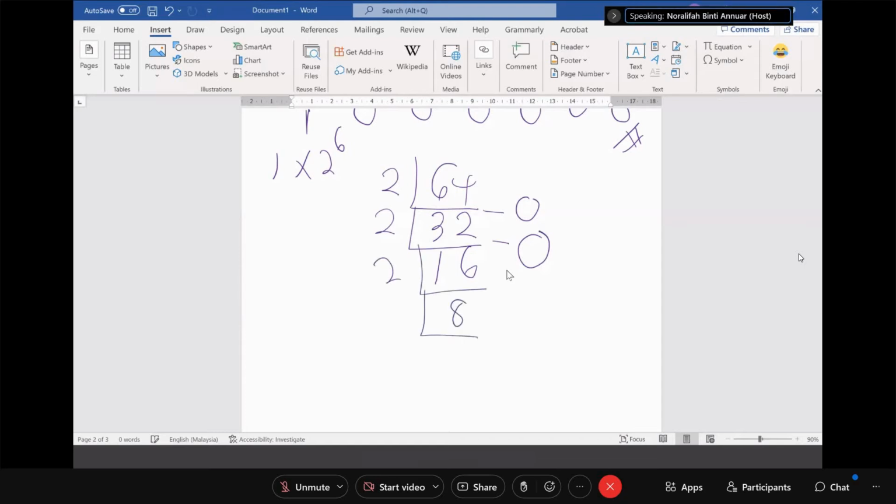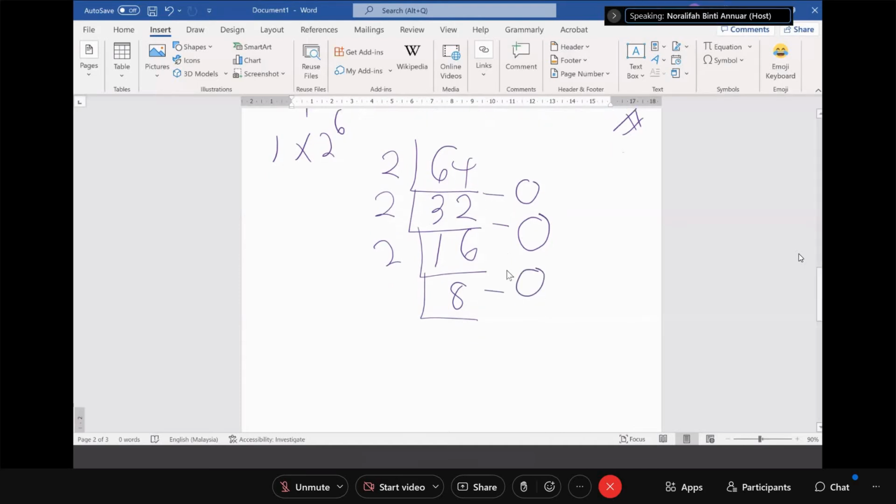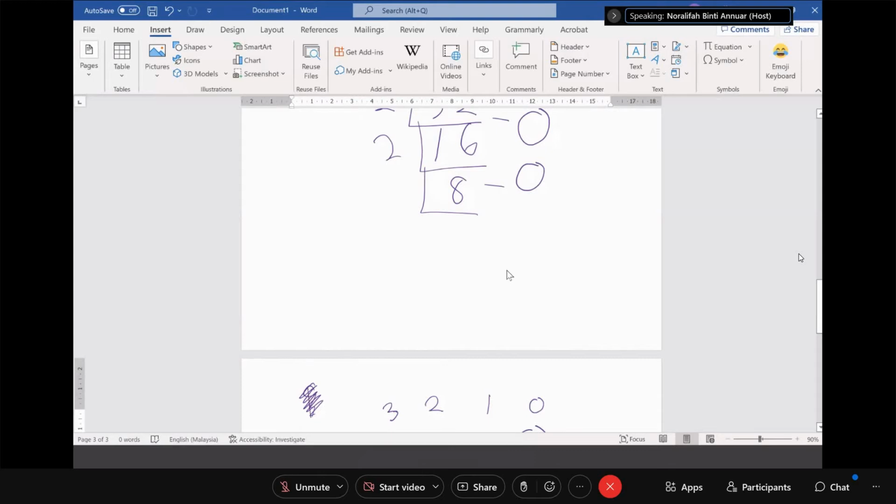Ni basic math lah. 4 kali 2, 8 kan? 2 kali 2, 4. Kosong. 1 kali 2, 2. Tak ada baki, kosong. And then you cannot divide it any further. So, 0 multiply by 2, remainder is 1.